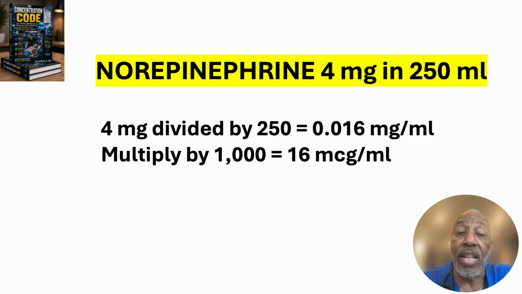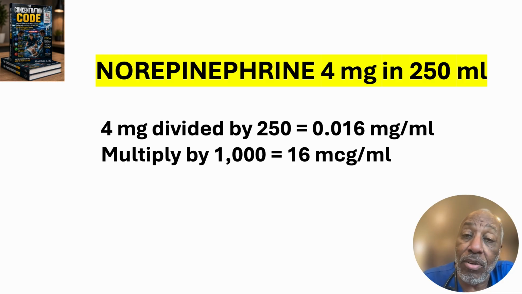When you're titrating that drip at the bedside, every adjustment in milliliters per hour translates into a predictable change in micrograms per minute delivered to the patient. That predictability is what makes safe titration possible. You're not guessing. You're working from a known concentration that you can hold clearly in your mind.